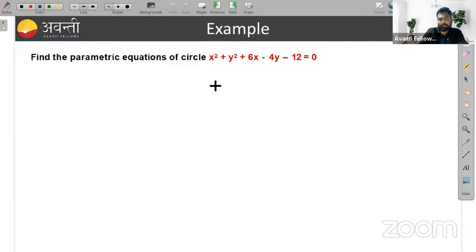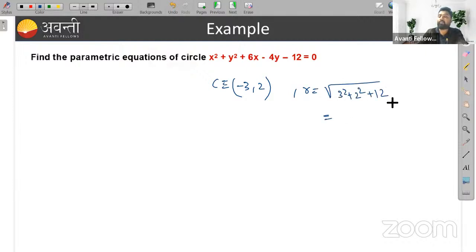Here the center is minus 3, 2, and the radius is the square root of 3 square plus 2 square plus 12, that is 9 plus 4, 13, plus 12, the square root of 25, which is equal to 5. So you can find the parametric form of this equation easily. Let's take it as a homework question. Try it and come back with it.